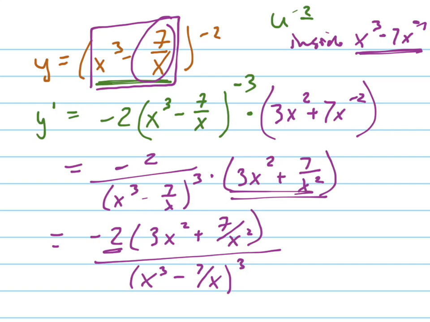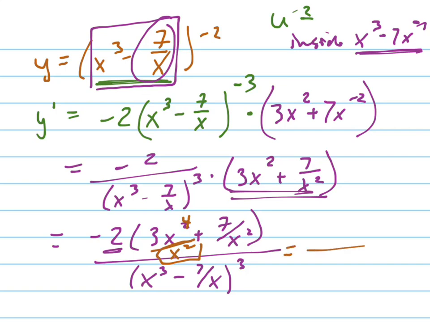Okay. One other thing you could do, I suppose, is you can rewrite, let me change colors here so you can see what I'm doing. You can change this to x squared. You can multiply that by x squared over x squared to get rid of the fraction. And then this x squared here is going to go into the bottom.